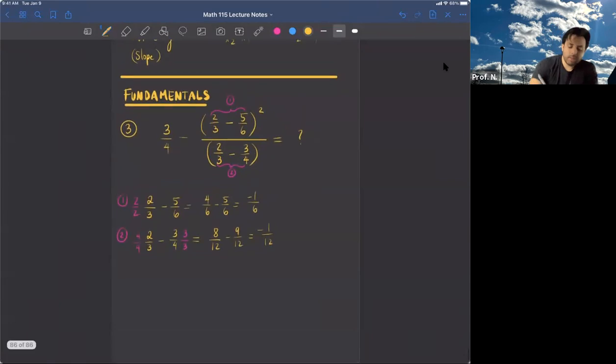Correct? So now let's go back to our original expression. Instead of writing 2/3 minus 5/6, I'm going to write negative 1/6. But this whole thing is squared, divided by negative 1/12. So far, all we've taken care of is the parentheses. Now I'm going to take care of the exponents. What is negative 1/6 squared?